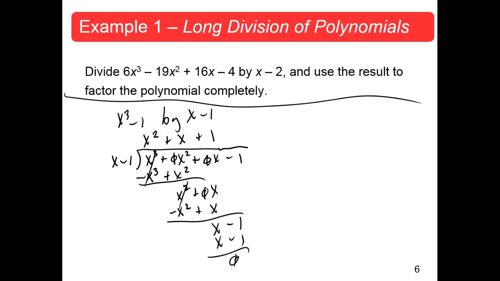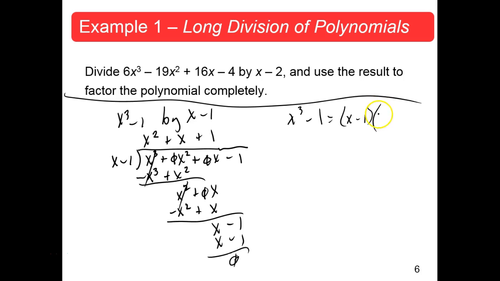But guess what? Y'all knew that, didn't you? You were just hiding on me. You knew that x cubed minus 1 will be divided by x minus 1. Why? Because you knew how to factor the difference of two perfect cubes, didn't you? Yeah, the first one is just the cube root of each one, x minus 1, with the same sign in between. And then remember the next step?